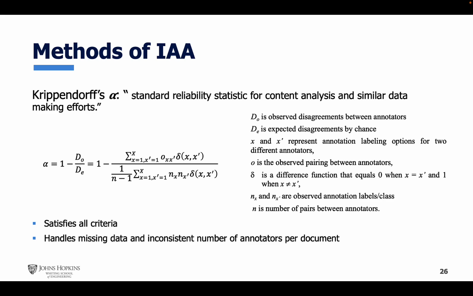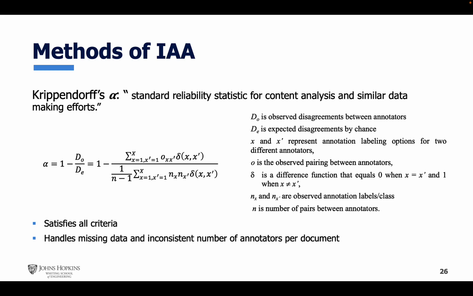So the advantage of Krippendorff's alpha is it satisfies all the criteria, and it adds this other one, which is it can handle missing data. If there is perhaps some data that's missing, whether it's a pairing for the annotation, or something in the data itself, right? Then it's just not tallied, and so it doesn't penalize it.